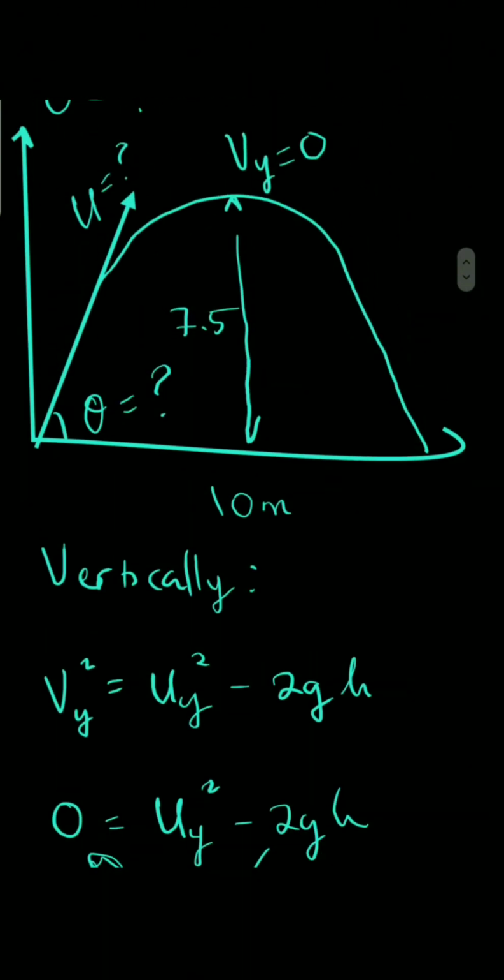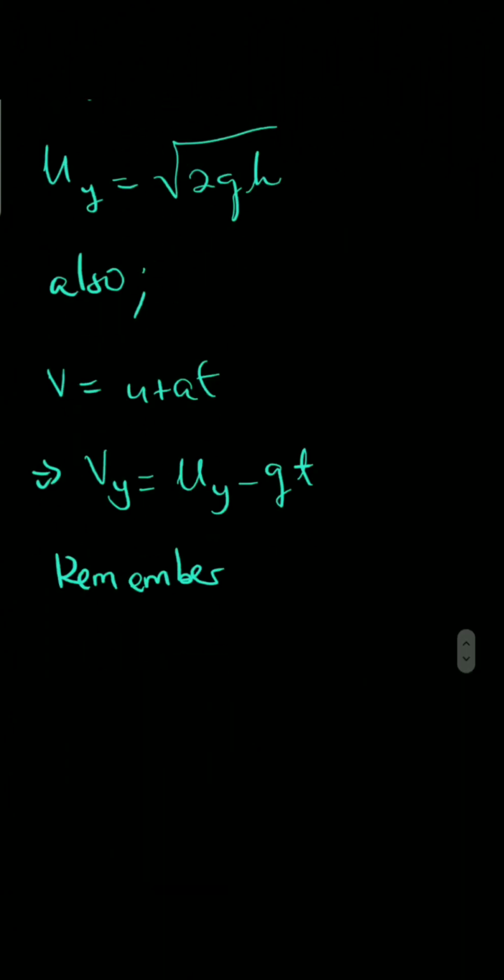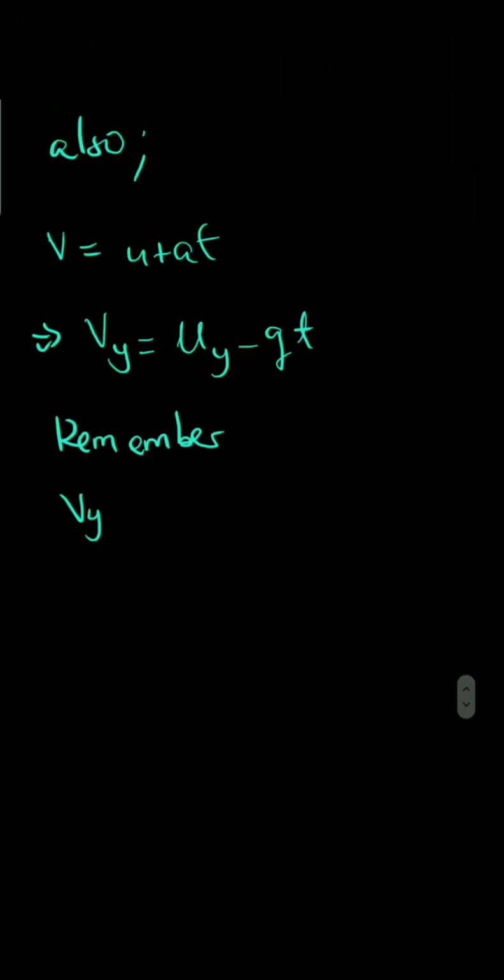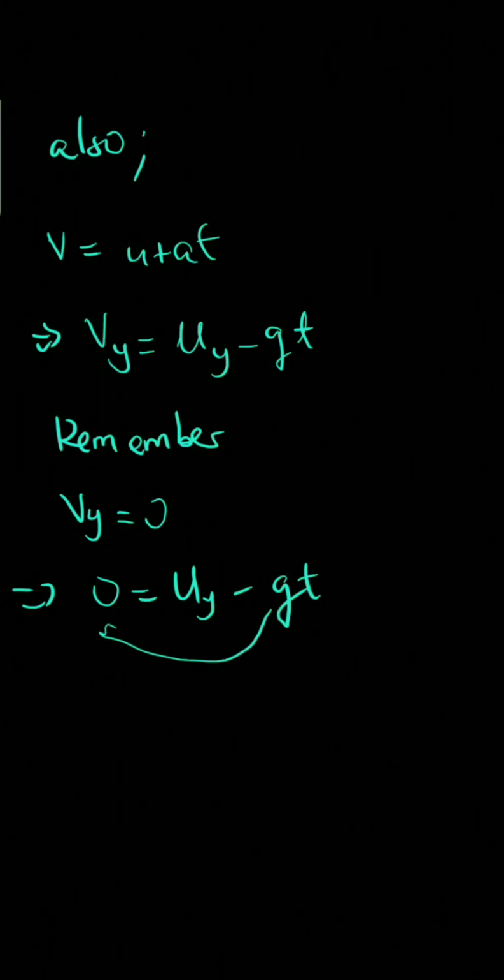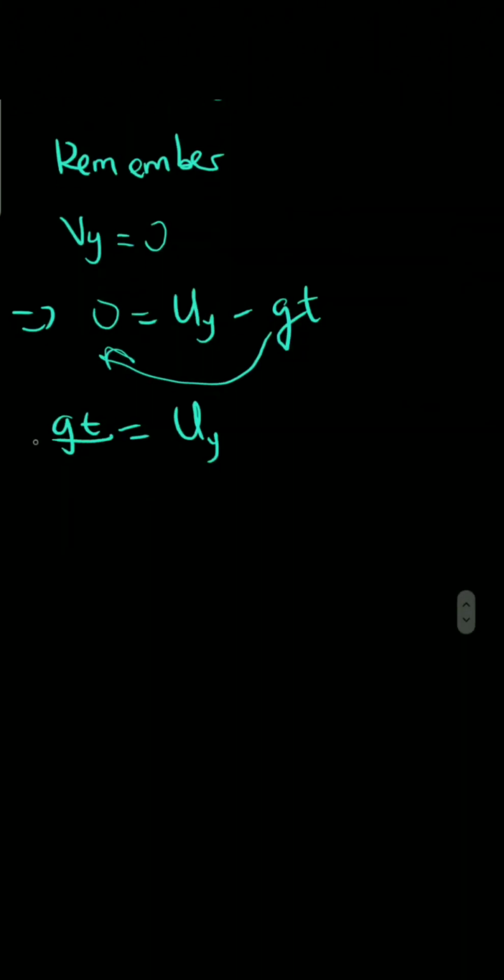You need to recall that the final velocity at the highest point reached is 0, like it is stated there on this parabolic trajectory. So we replace there with the 0 in the equation. Negative gt will be moved to the left, making it positive, gt equals the initial. Then we divide both sides by g, leaving us with t equal to the initial component over g.